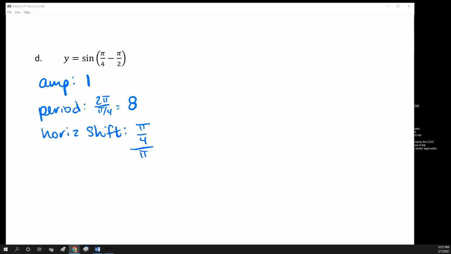All right, so we're going to end up with 2 units for our shift. In which direction? Right or left? Right. This is a minus. Did y'all not get 2?